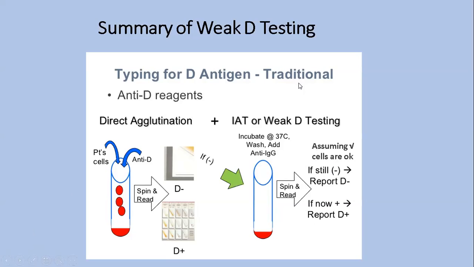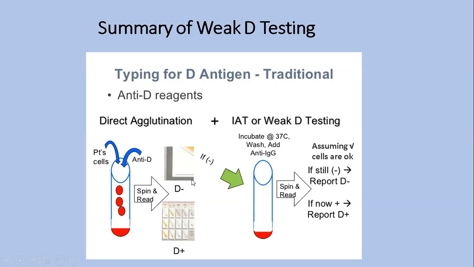So one more thing before I move away from this slide, just remember the implications of someone who is weak D. We would absolutely, if we were working at a blood donor center, need to identify someone who's weak D positive. Because if we fail to do so, and we call that person Rh negative because we missed weak D, what's going to happen?